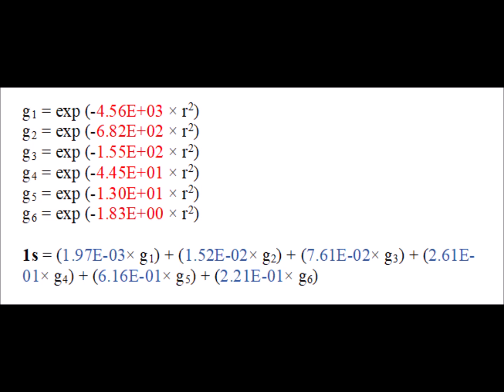And then we see that the 1s orbital is modeled as a linear combination of these Gaussians, and the coefficients of that linear combination are exactly the values in blue that we saw in the GFInput output and in Table 1.